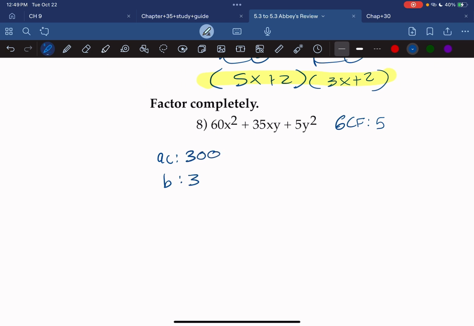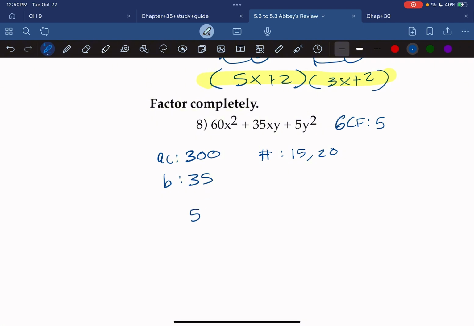And our B value is 35, so we have to find something that can multiply to be 300 and add up to be 35. Our numbers are going to be 20 and 15. 20 times 15 is 300, and then 20 plus 15 is going to be 35.